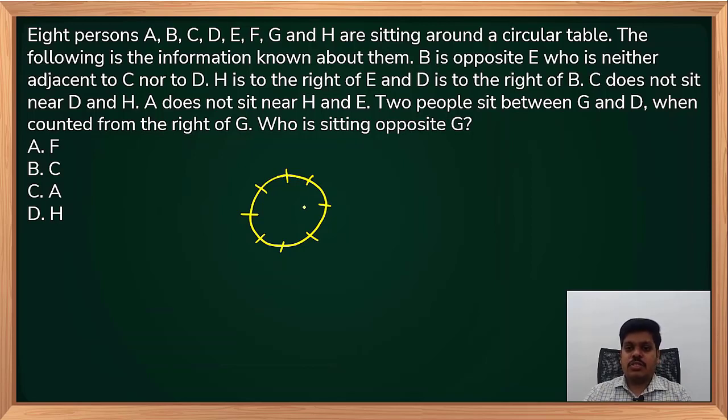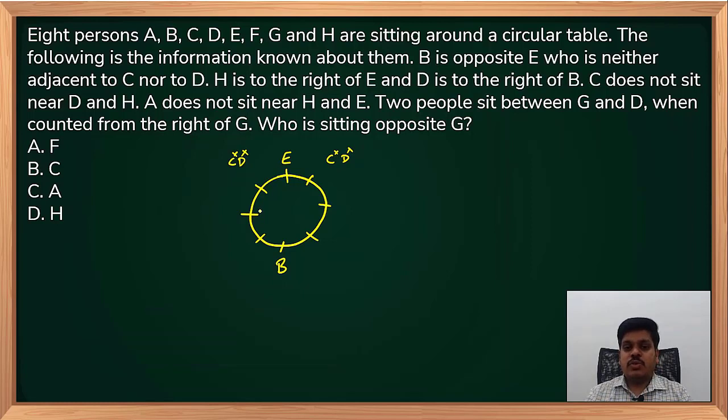Then first clue, B is sitting opposite E. So I marked B here, and it is sitting opposite E. E is neither adjacent to C nor D. That means C or D cannot be in this position. C and D cannot be neighbors of E.